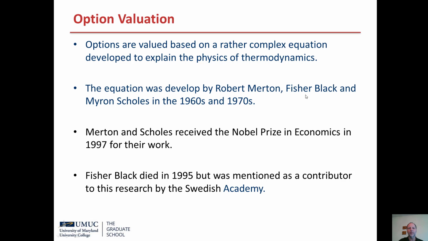So Merton, Black, and Scholes realized that the movements of stocks in the stock market very much resembled the movements of particles, for example, in the stellar atmosphere, and they applied the physics of thermodynamics to the stock market. Merton and Scholes received the Nobel Prize in Economics for this in 1997. Fisher Black had already died in 1995, but was mentioned as a contributor to this research by the Swedish Academy.